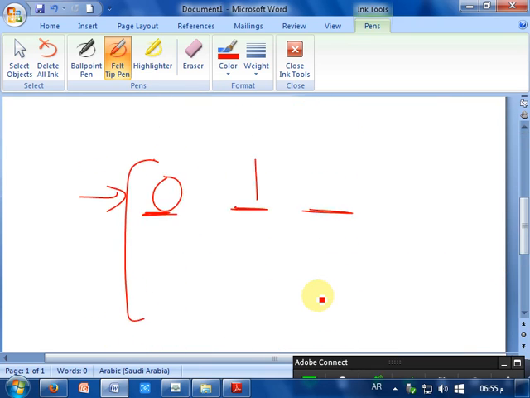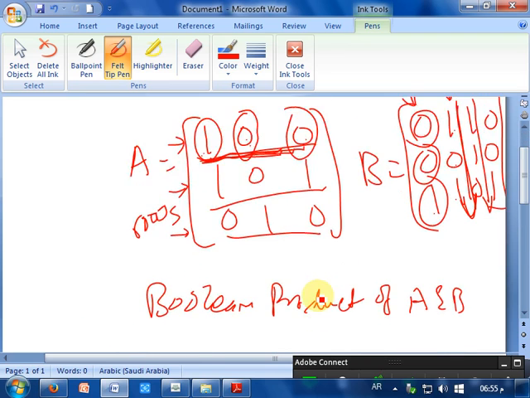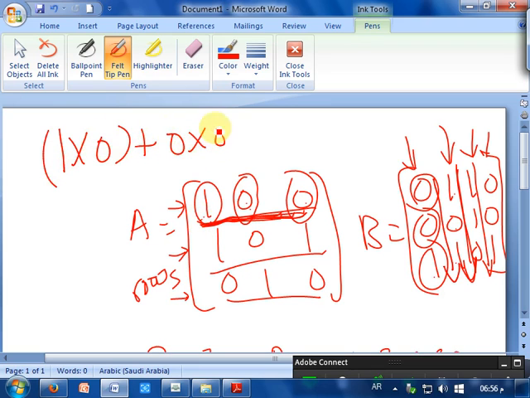And now here, when you multiply this Boolean product, for example first row, first column. So multiply the first element 1 into 0 plus 0 into 0 plus 0 into 1.